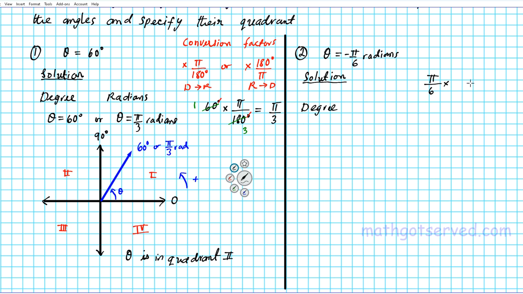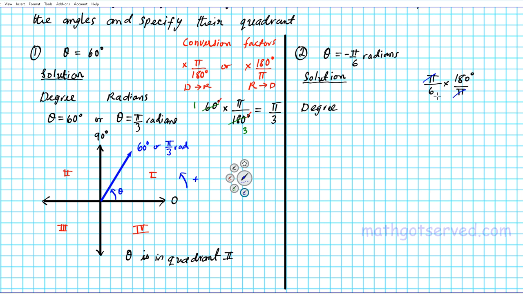All right, why is that? Because if we multiply by 180 degrees over pi, you will notice that the pi's are going to cancel out nicely. Take out that radian angular measure, and you're left with 180 degrees over 6.